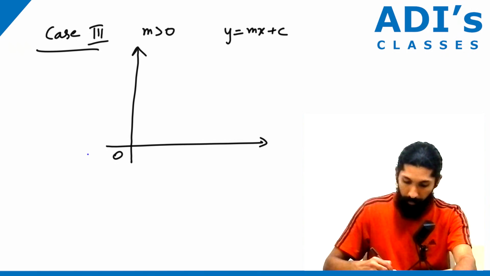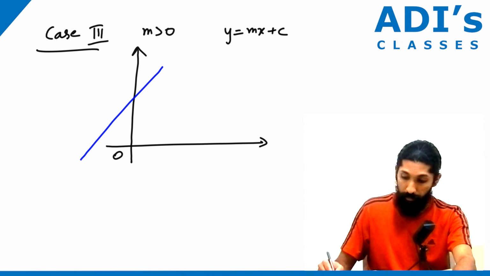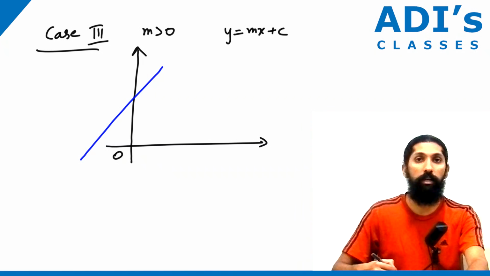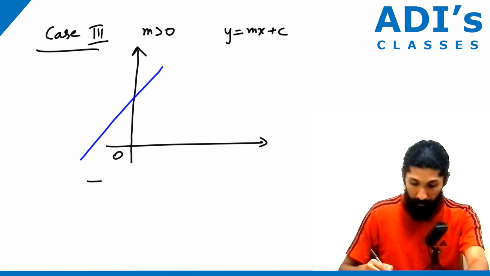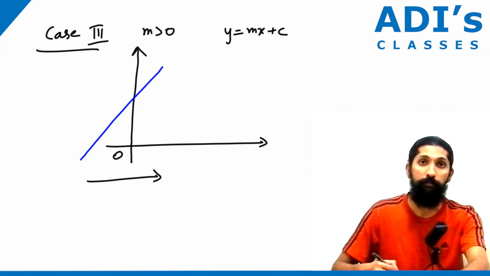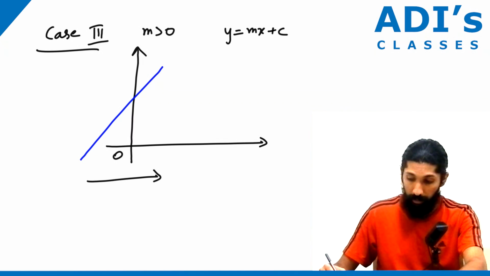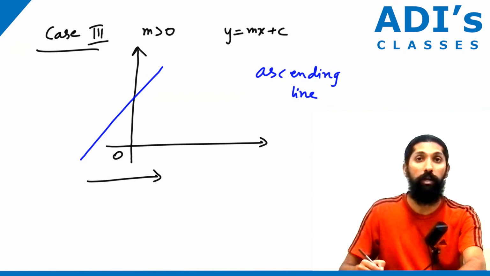We are going to have a line like this, where we have a positive slope. Correct? This kind of line is an increasing line, because if you go from left to right like this, the line keeps on climbing, isn't it? So this type of line is what we call an ascending line. Okay, it's an ascending line.